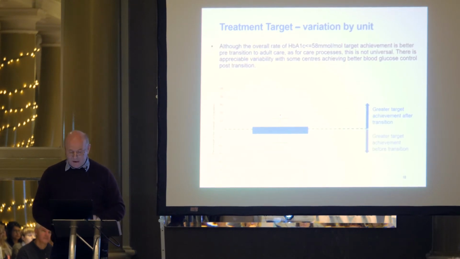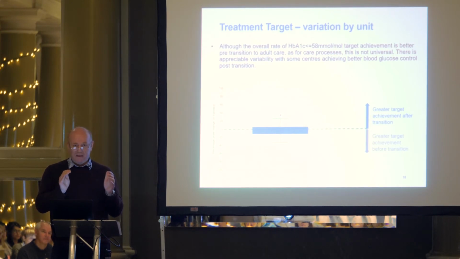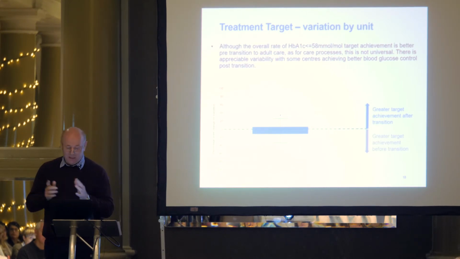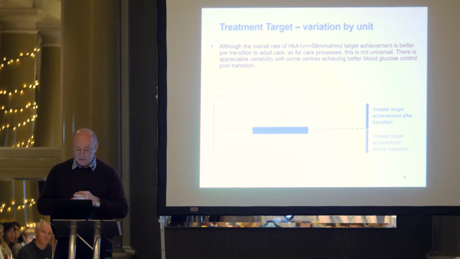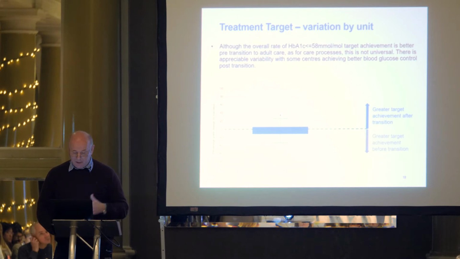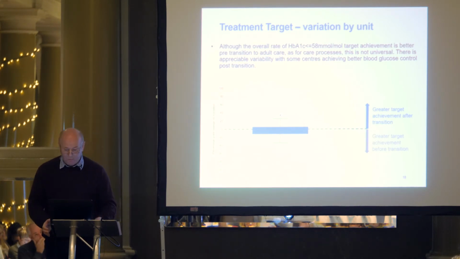Once again, of course, there is huge variation, and in some centres they're actually getting better. So you might think you're doing well in paediatric practice, but your adult colleagues might actually be doing better than you. So it's not all of us who are improving, and you need to go and look at that online tool to look at your own centre. So this shows you the variation. Those above the line, greater achievement after transition; below the line, greater achievement before transition.